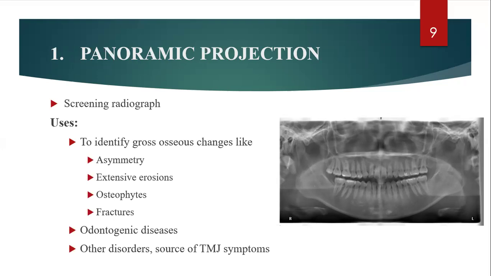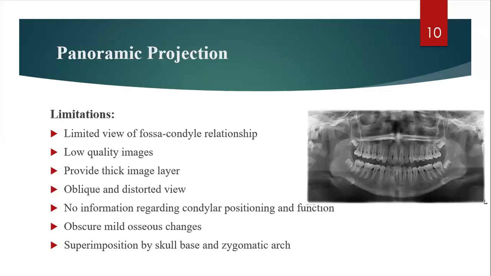This radiographic technique is basically used for screening purposes. So the uses of panoramic projection include identifying any gross osseous changes like asymmetry, extensive erosion, osteophytes or fractures. It can also include any odontogenic diseases and other disorders which can be the source of the TMJ symptoms.